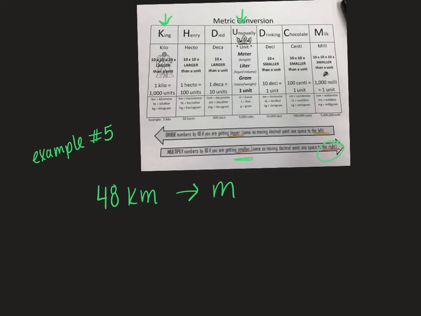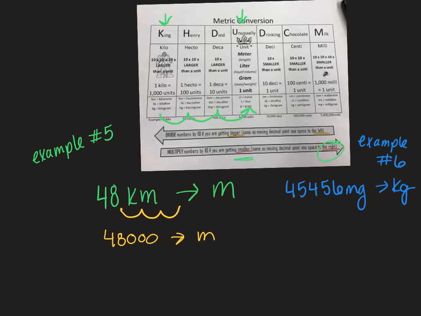So we're going to move our decimal point 1, 2, 3 spaces to the right. Remember that the decimal point is always at the end of our whole number. So it's going to be 1, 2, 3, and then you fill those in with the zeros. So it's essentially the same thing as multiplying by 1,000.